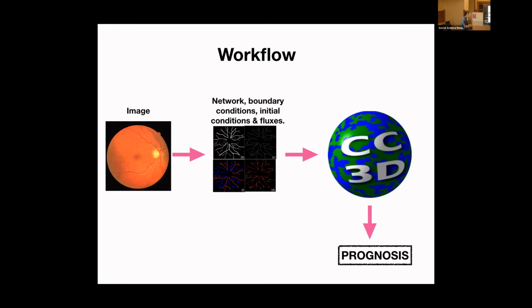So that would be the workflow. You have the image. From the image, you infer the initial conditions, the boundary conditions, all that. You put it into CompuCell, and then from CompuCell, you get some output in which you can say in how much time that patient will lose sight or so.